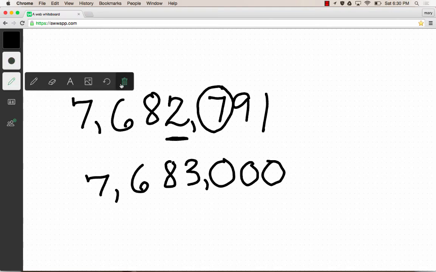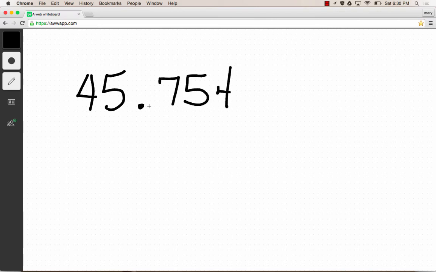The last one I gave you actually is a decimal number, and I did that on purpose just to show you that we round the very same way. So I have 45 and 754 thousandths. I have underlined the tenths place. I'm going to circle the 5.